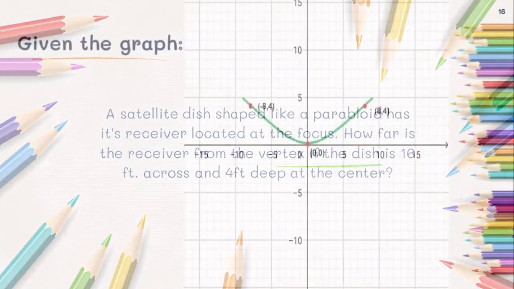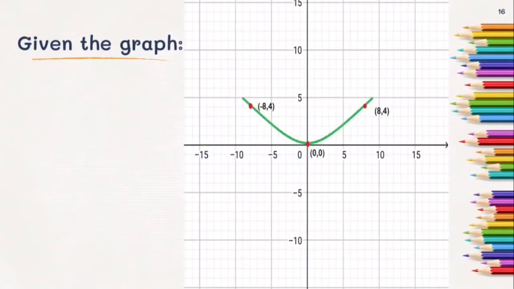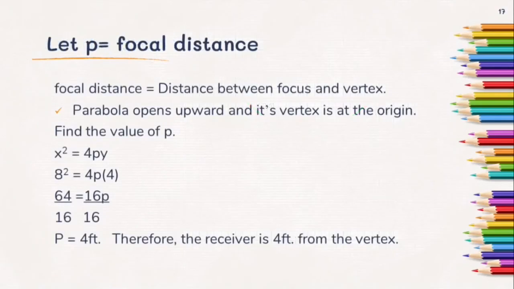Given the graph, we can see that the parabola is at the origin and has the points (-8, 4) and (8, 4). Let p equal the focal distance. Focal distance is the distance between the focus and the vertex. The parabola opens upward and its vertex is at the origin. Find the value of p.